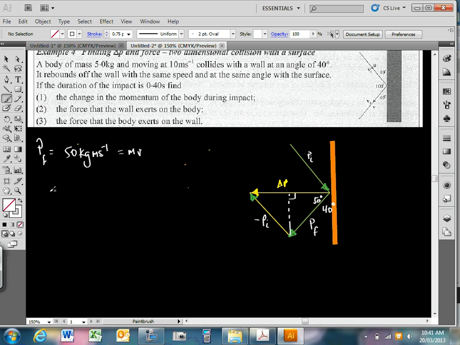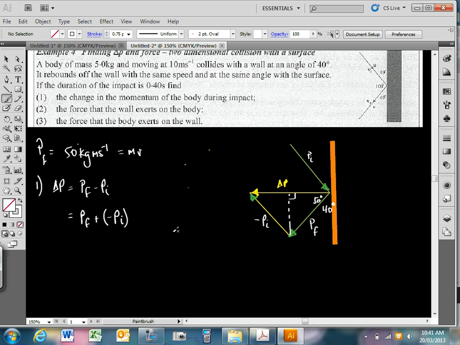So question 1 says, change of momentum of the body during impact. That's the length of this vector here, delta P. Delta P equals PF minus PI, momentum final minus momentum initial, which equals this plus minus this.